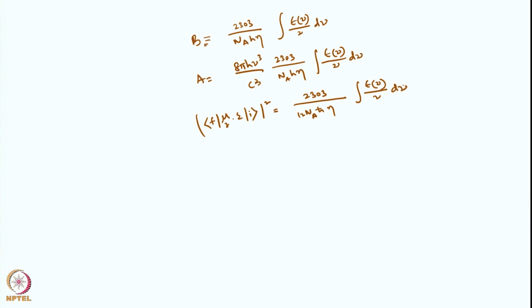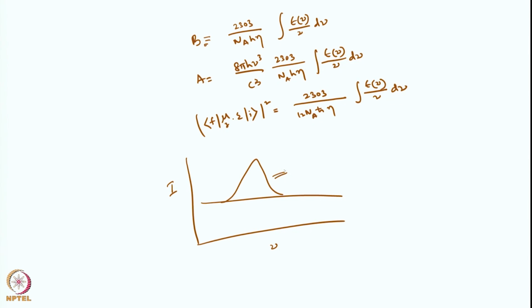When you write all these quantities, and you have a band, this is nu versus intensity, and this band must be Lorentzian.